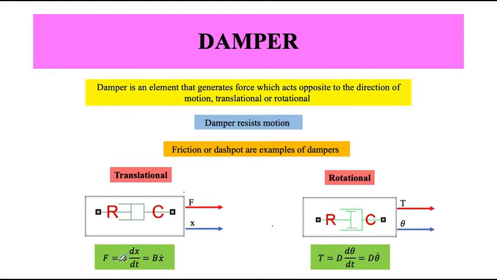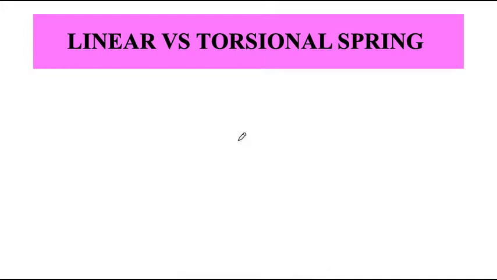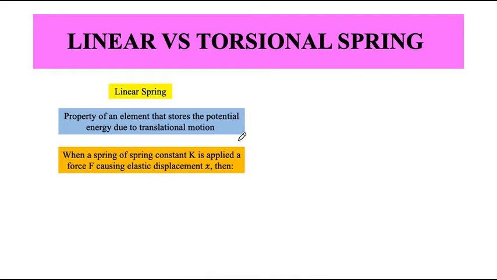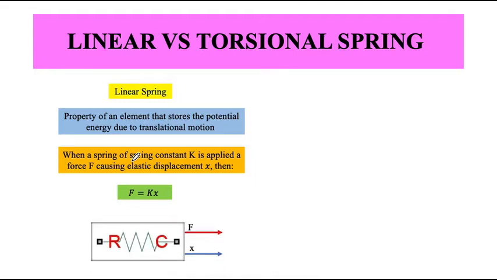Okay, spring. A linear spring, as I said earlier, is an element that stores potential energy, such that when you have a force causing a certain displacement, the spring, as we know, will have a restoring force. Okay, so if this is my force F, and this is nothing but a spring, the force of the spring I will call Fs.